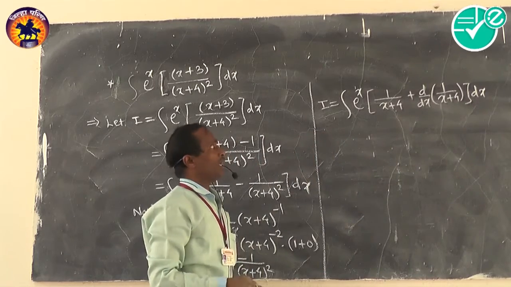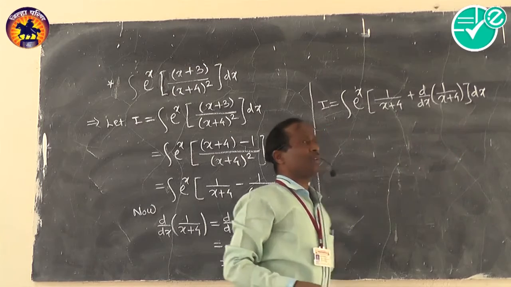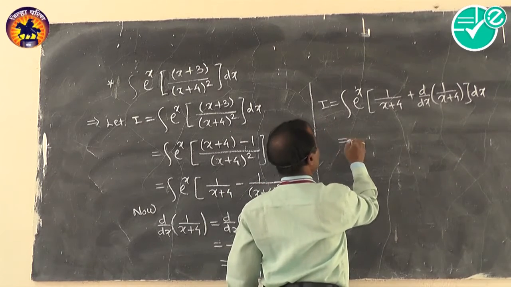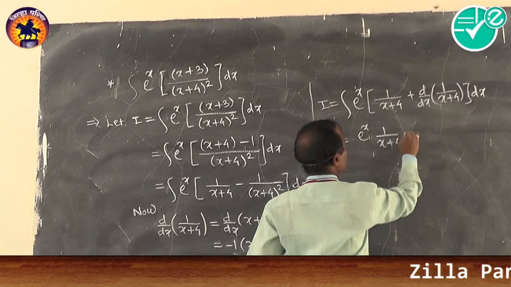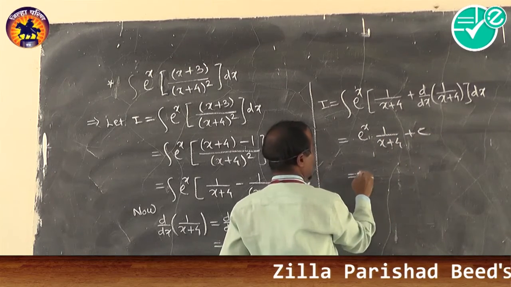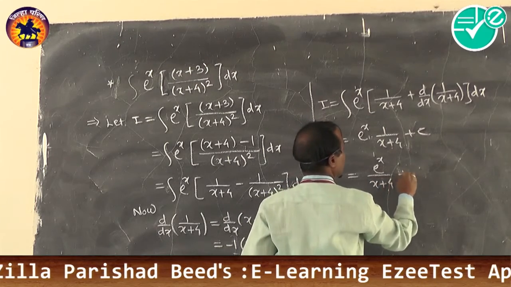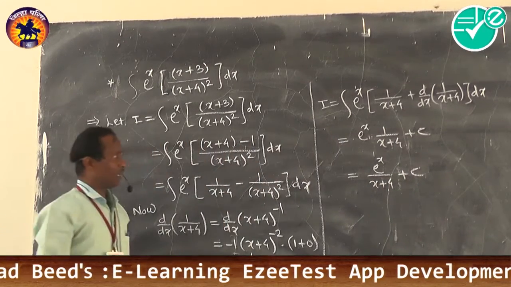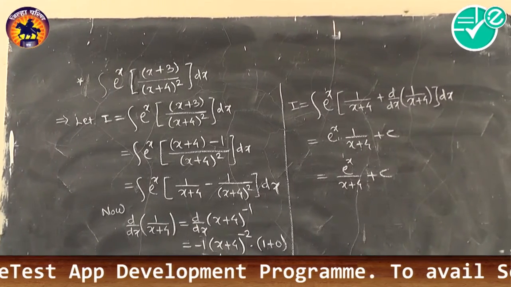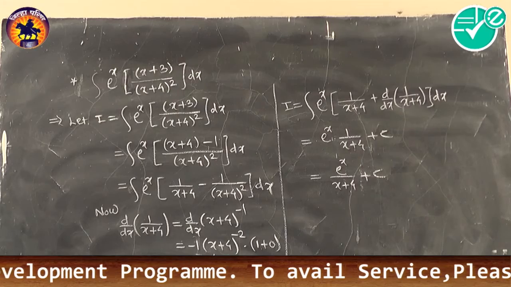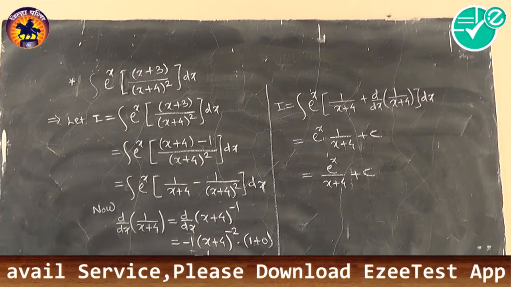So by using the theorem, the integral of e to the power x into f of x plus f dash of x dx is e to the power x into f of x plus c. So this can also be written as e to the power x upon x plus 4 plus c. So this is the solution of this example. If there is an algebraic function, then we have to solve this example by using this method.